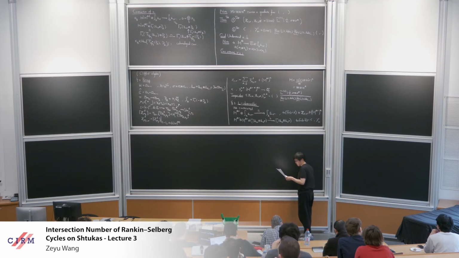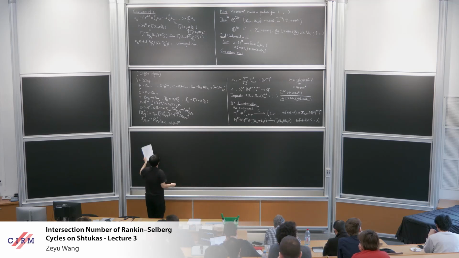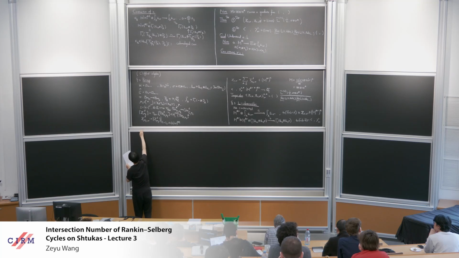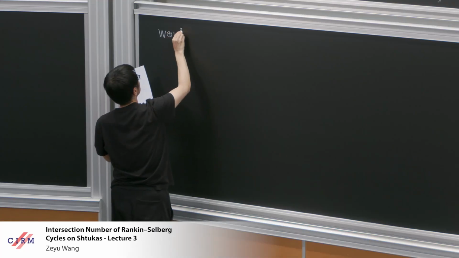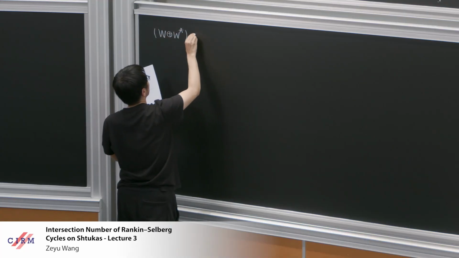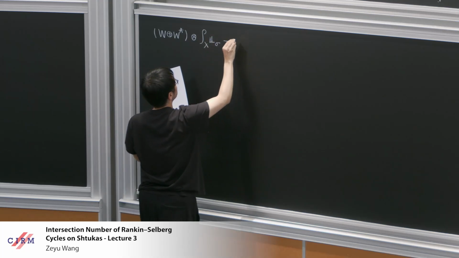Okay. Yeah, so then what's really the data of A? A is really such kind of data. It's a map from W direct sum with W star, times this pure interval, to the pure interval.